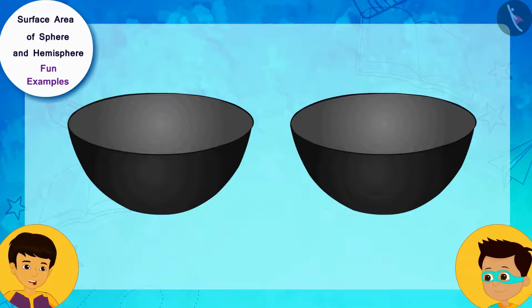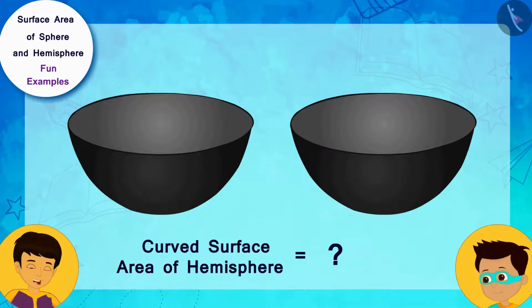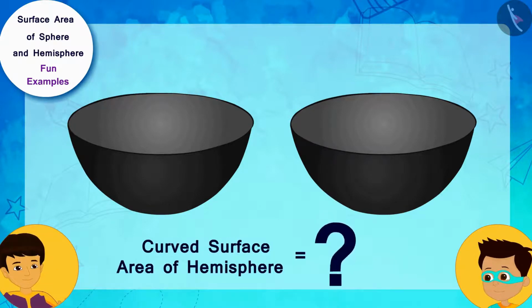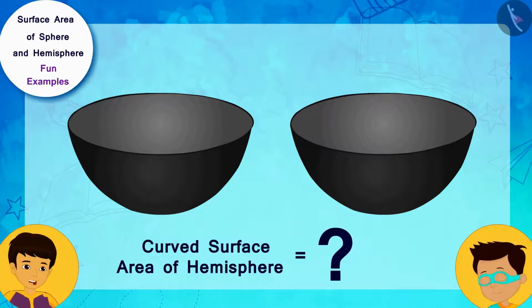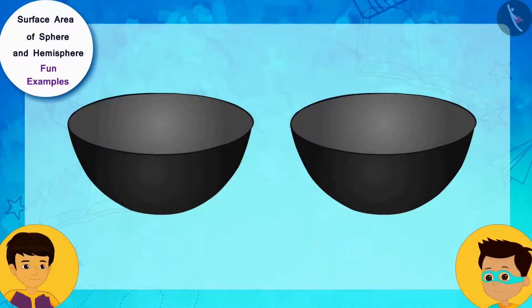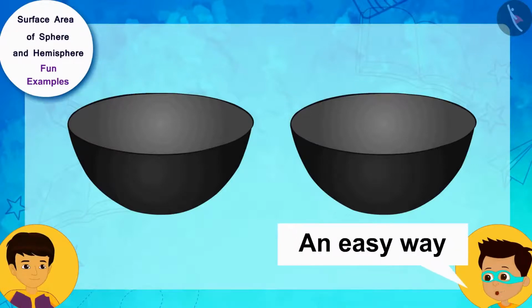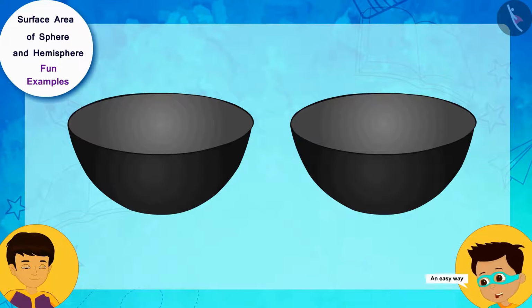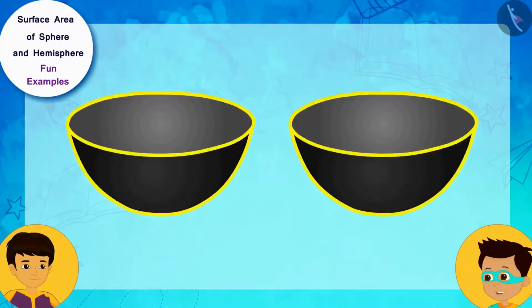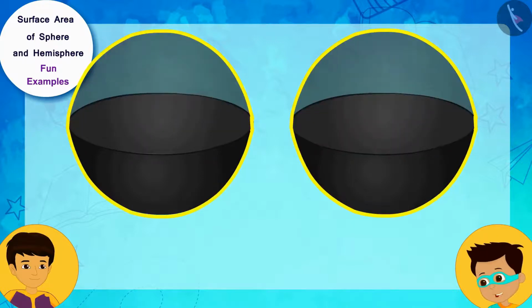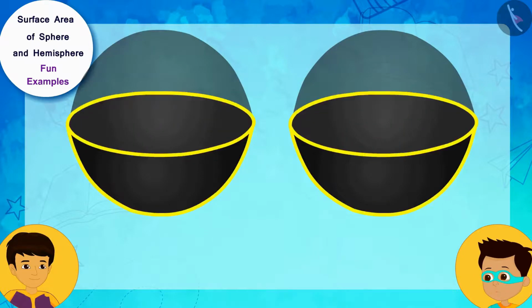But there is a problem. I do not remember the formula for the curved surface area of the hemisphere. Oh, this is very easy. Let me show you an easy way to remember this. These bowls are hemispheres, and every hemisphere is half of a sphere.